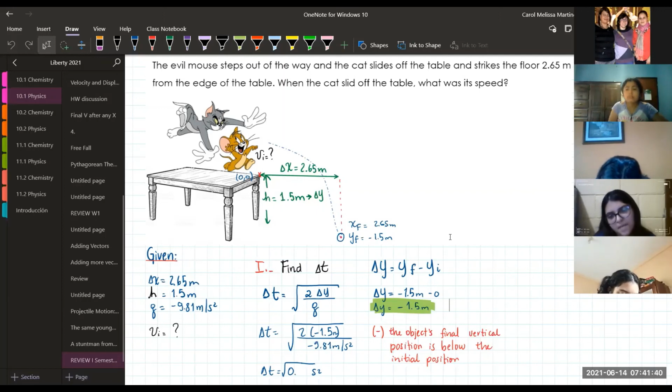And then the square root of this answer is 0.55 seconds, with the square root.